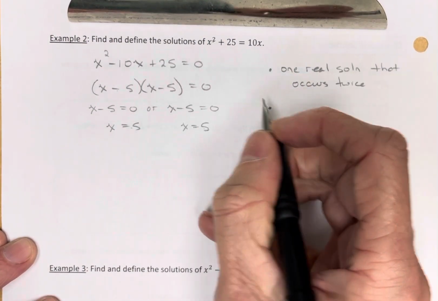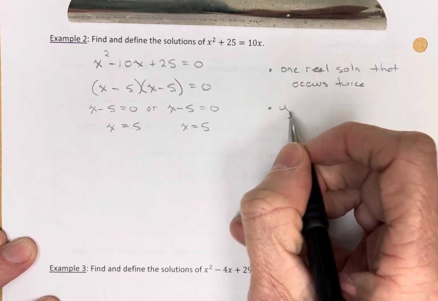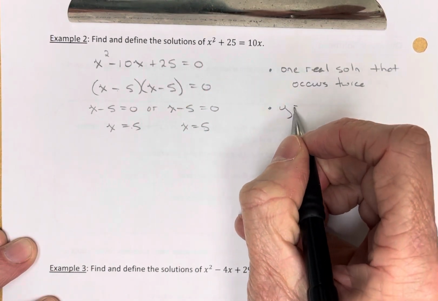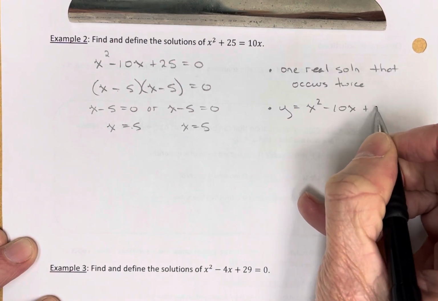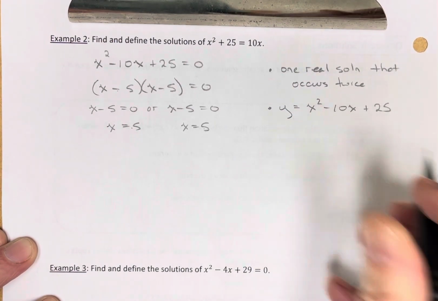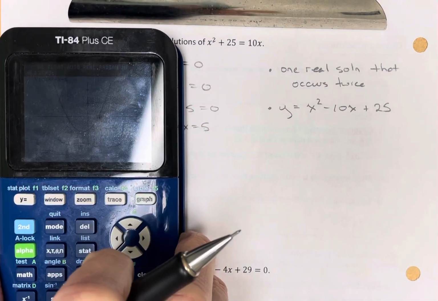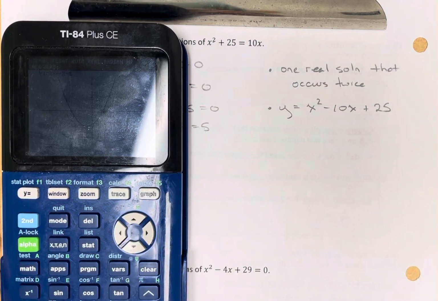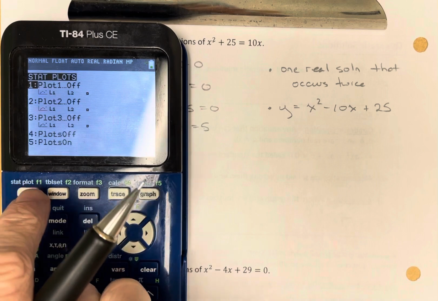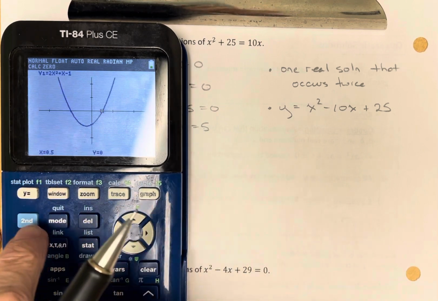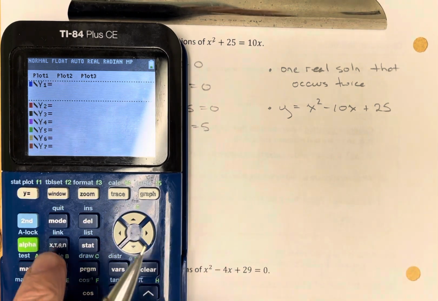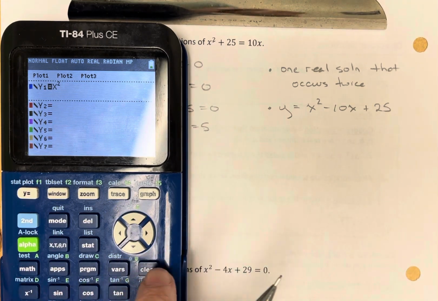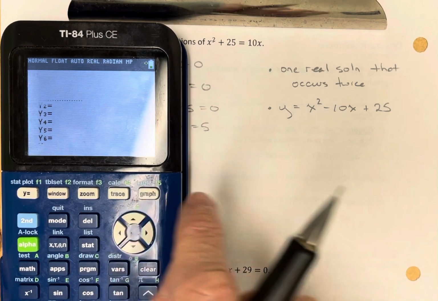Okay, so now let's graph it. Let's graph this. Y equals x squared minus 10x plus 25. And let's take a look. So we'll go into y equals, and I'm going to graph this quadratic, x squared minus 10x plus 25.